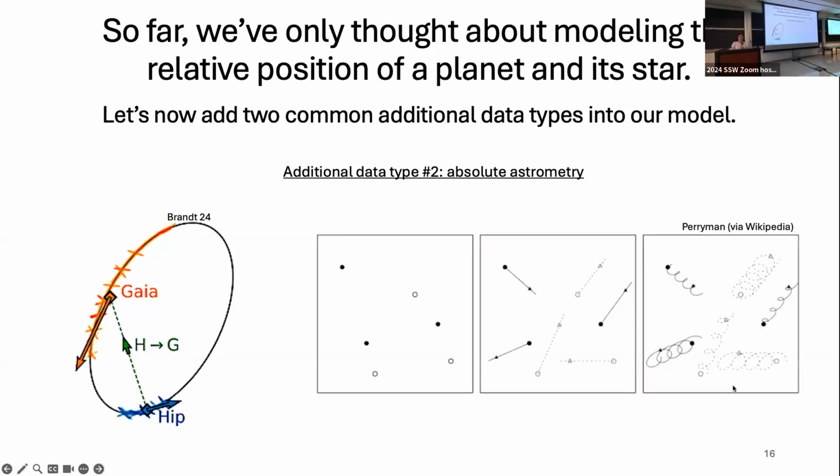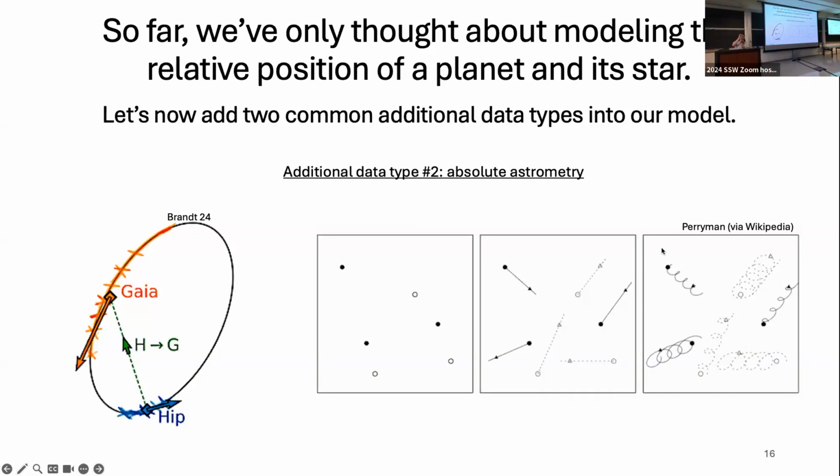Something to keep in mind that I think is important is where absolute astrometry comes from. So this is a nice little three-panel diagram that shows you if you measure a bunch of stars using something like Gaia or Hipparcos, you come back several times and you can measure their proper motion vectors, like how they're moving through the sky, and also their parallactic ellipses.